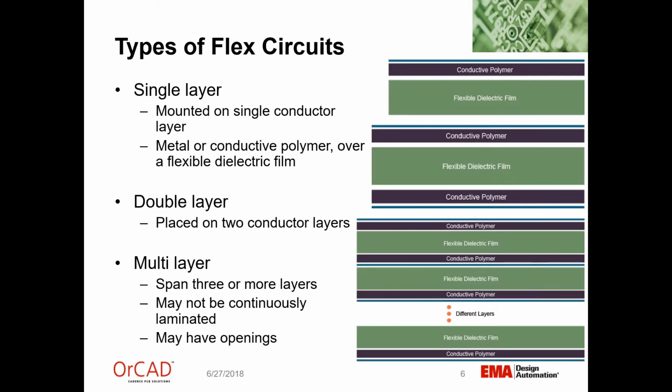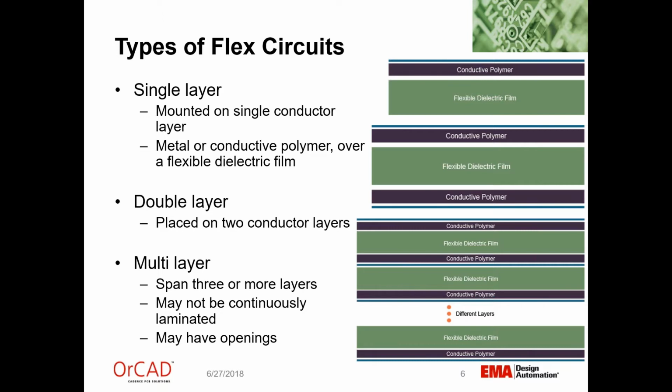There are several types of flex circuits. Single-layer flex circuits are mounted on a single conductor layer made of metal or conductive polymer over a flexible dielectric film. Double-layer flex circuits are placed on two conductor layers. Multi-layer flex circuits span 3 or more layers of conductors.